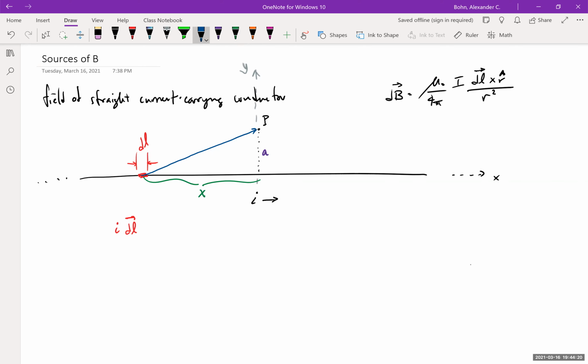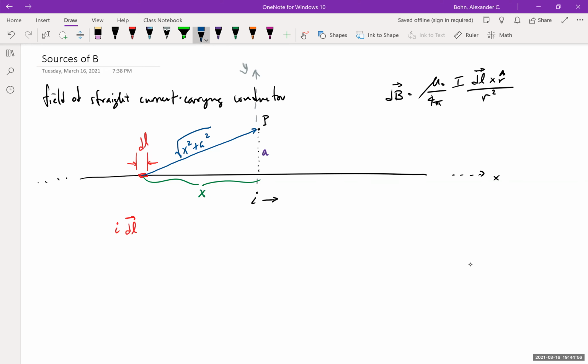It's Pythagorean. Now, what about the direction?